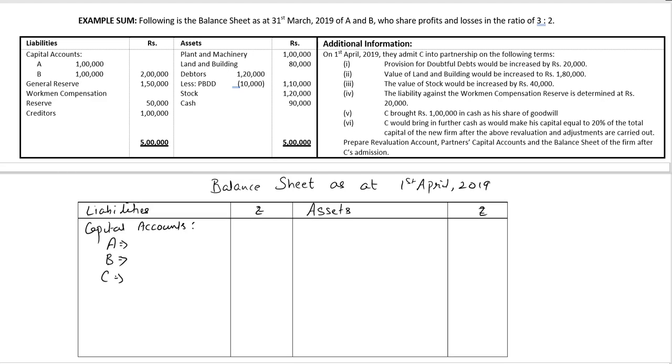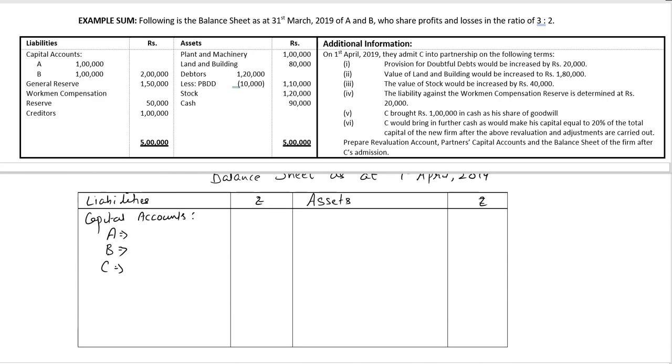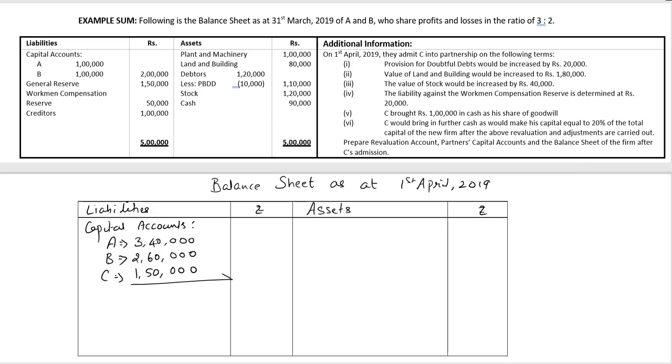We'll refer to the balances of capital accounts. It's 3,40,000 for partner A, 2,60,000 for partner B and 1,50,000 for partner C. Total 7,50,000.